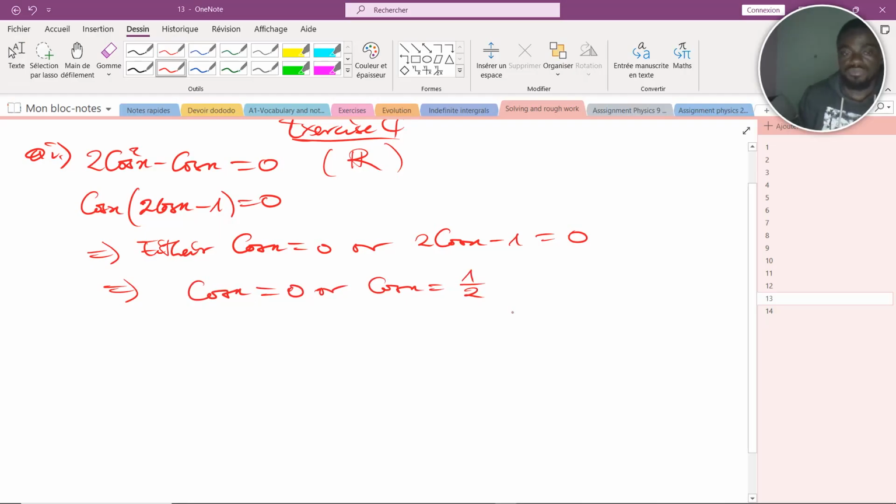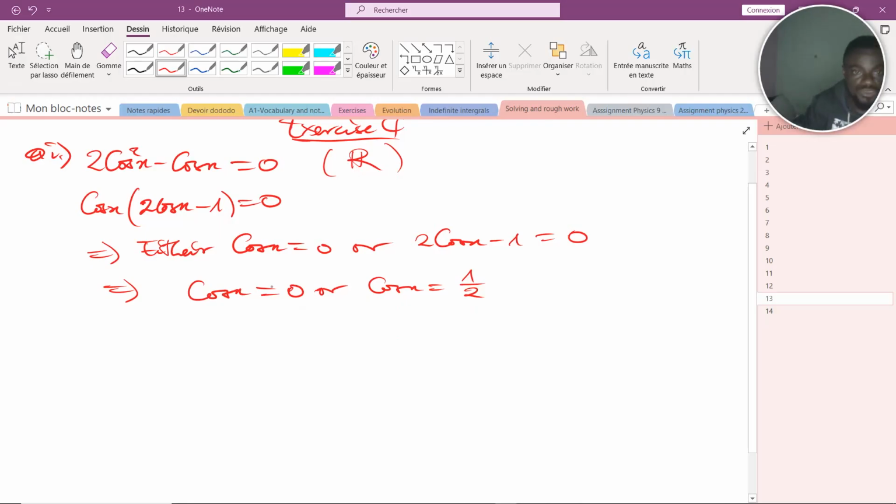Is that okay? So I told you in mathematics, or means union, so you have to find the solutions of this and you will do the union with the solutions of this. Is that okay? Since when we are dealing with general solutions, the union will be just putting them in the same set with precising the value of k.